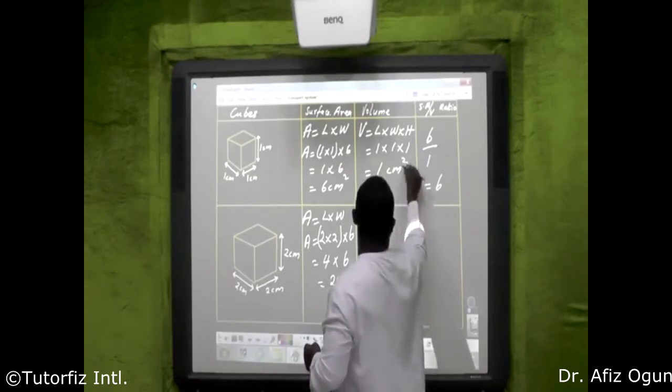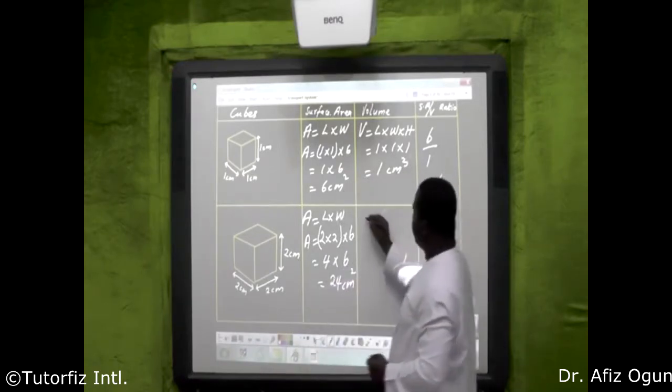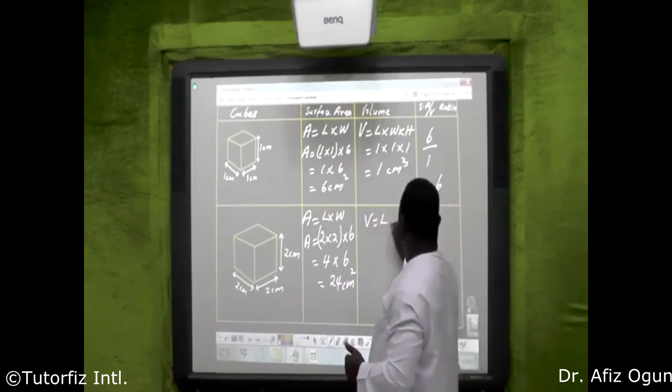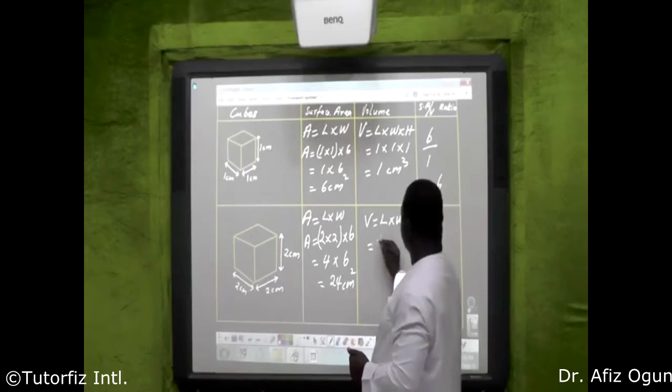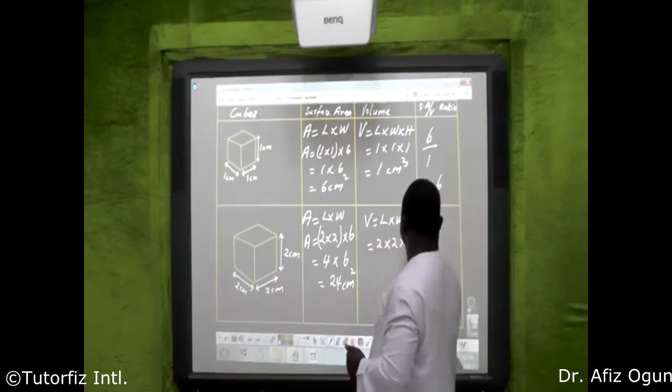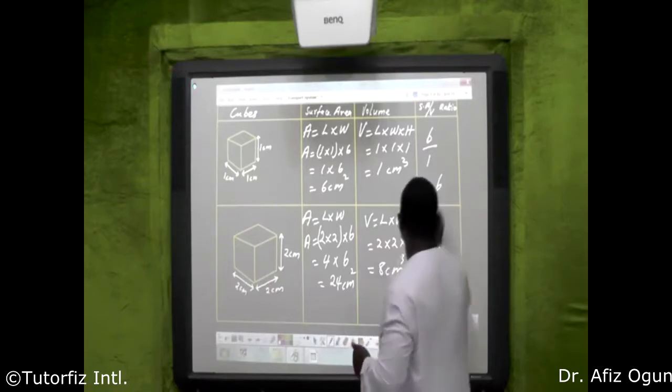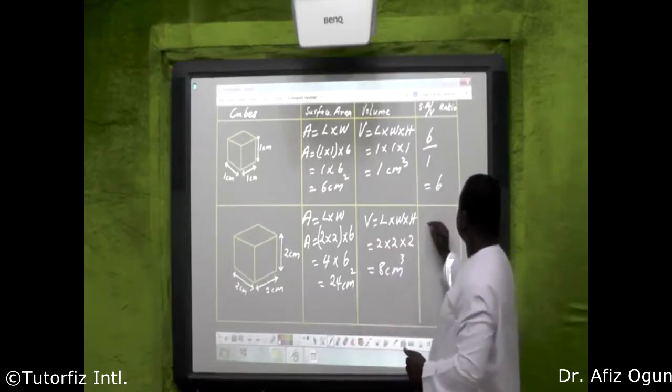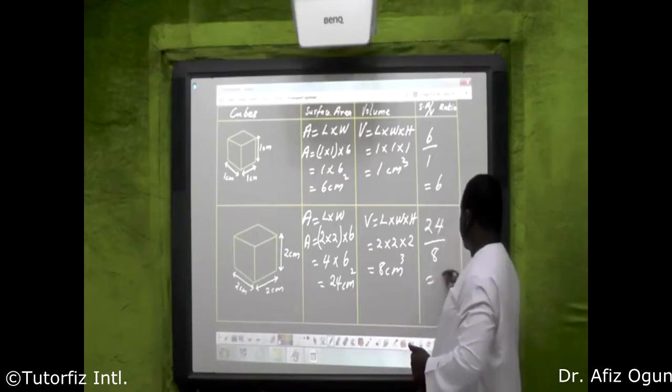And the volume, this is a cube, sorry. Then the volume here is L times W times height, so this is equal to 2 multiplied by 2 multiplied by 2. This gives us 8 cm cube. Now we have the SA to volume ratio, 24 divided by 8, which is equal to 3.